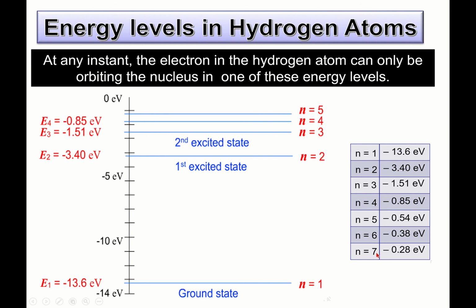So for n at the ground state, negative 13.6 electron volt. It's negative, so we draw the scale downward. So negative 13.6 will be somewhere here. We draw a straight line to represent the energy level for the ground state. For the first excited state, between these two scales, negative 3.40, and so on, negative 1.51. The second excited state, and so on.